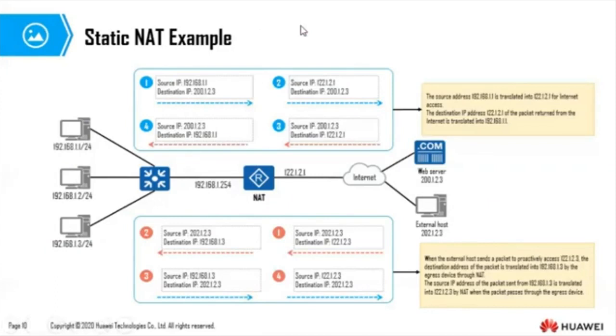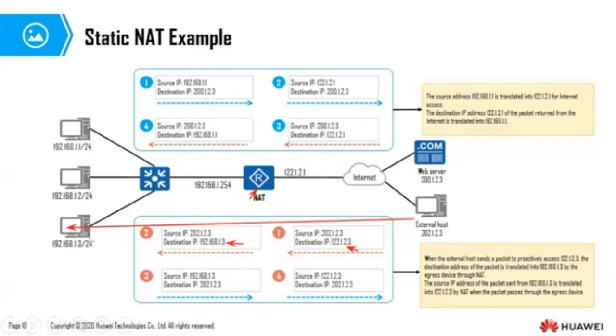So that is what is happening here. So this guy wants to talk to this guy. The destination IP address will be this one. It gets to the NATing device. The NATing device changes from the public IP address to the private IP address 192.168.1.3.